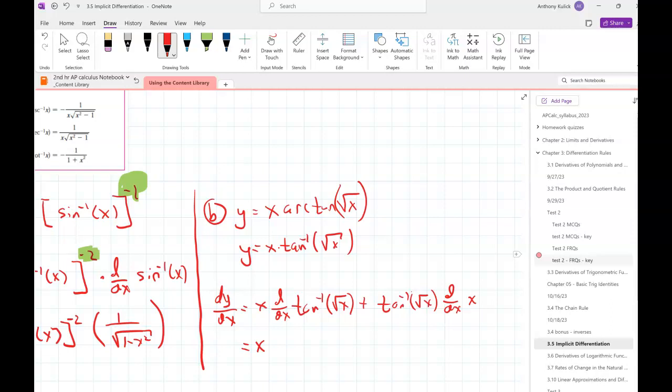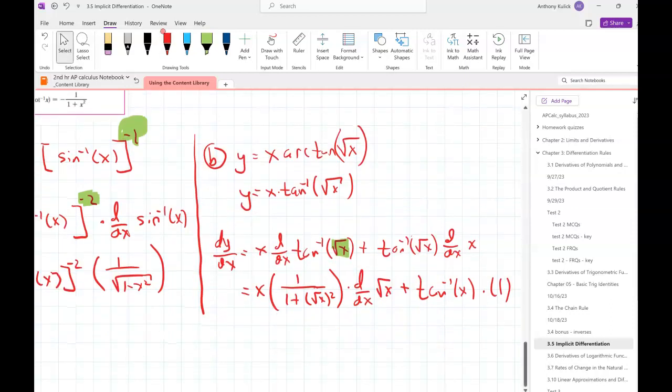Chain rule, very good. So the derivative of the outside is 1 over 1 plus x squared, but the x in this case is actually square root x, right? And then we have times the derivative of the inside. Is everybody okay there? Then we have tan inverse of x times the derivative of x, which is just 1.